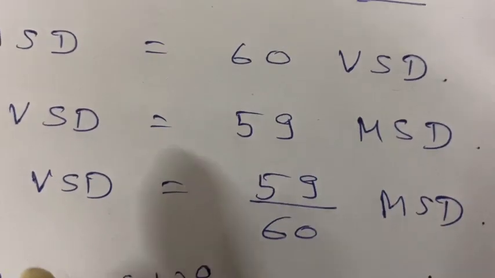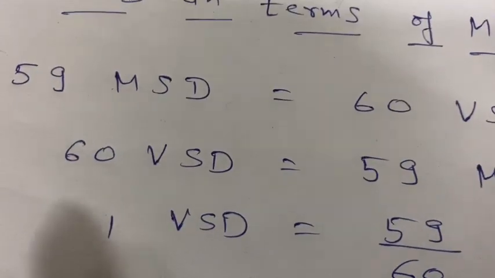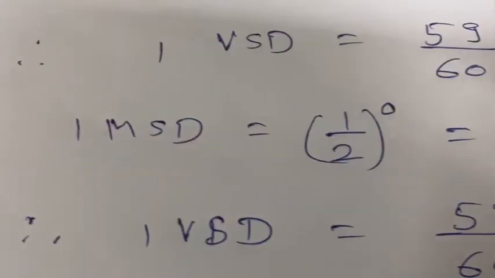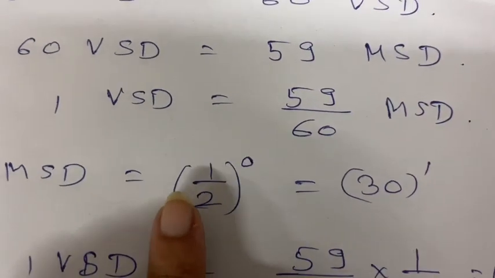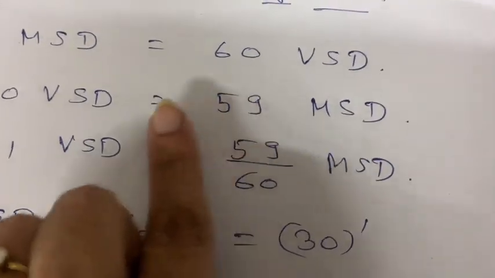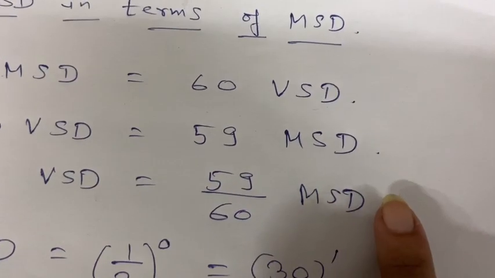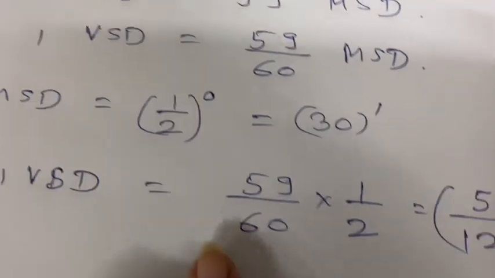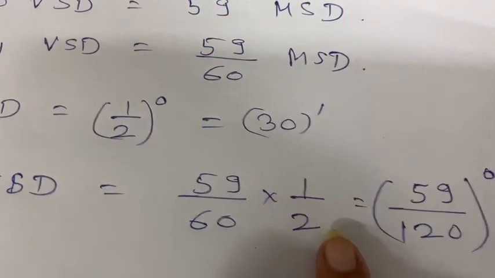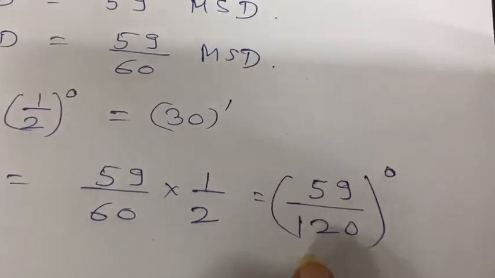In the next step we have to find the value of 1 MSD, and we have just found that 1 MSD is equal to half a degree. So we can now express the value of 59 upon 60 MSD, which is 1 VSD, in terms of degrees by multiplying it by half a degree. So this will give 59 upon 120 degrees.